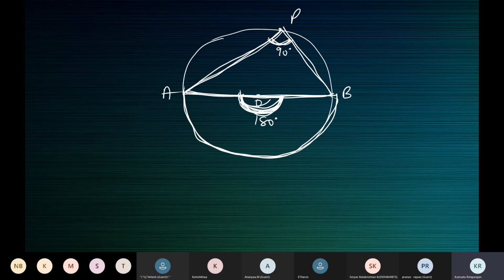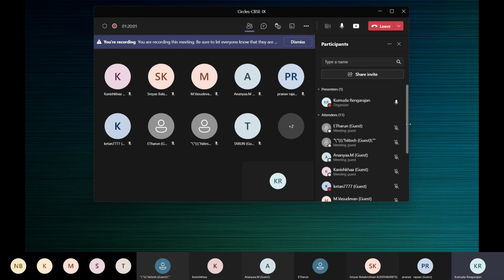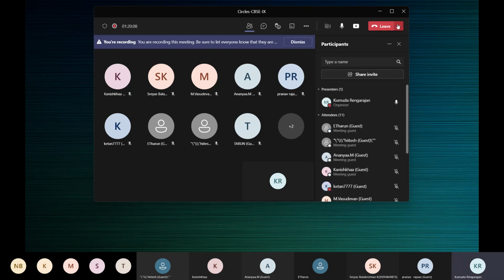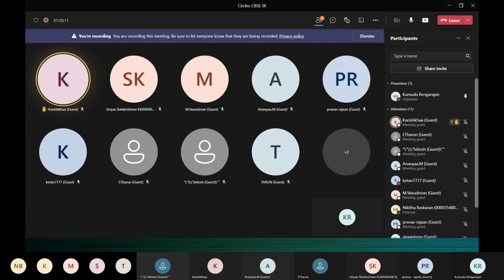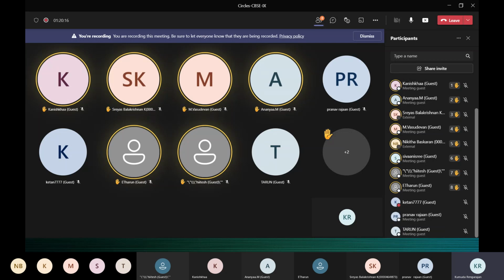Is it explained, children? Angle in a semicircle is a right angle. Have I explained that? Kindly respond, children. Yes, ma'am. Shreya says yes. Tarun, Hitesh, Ananya. Class, use the emoji. Raise your hand. Kanishka, Ananya, Shreyas, Vasudevan, Nikita, Shivani, Shri, Hitesh, Tarun.